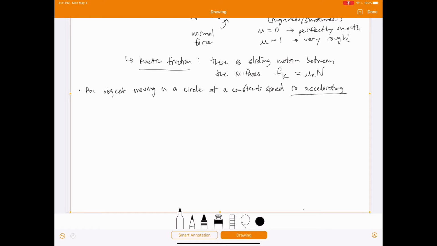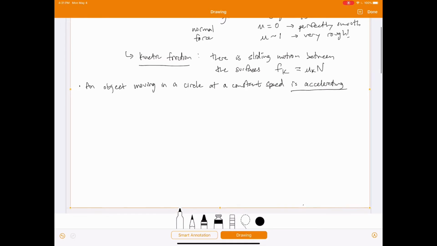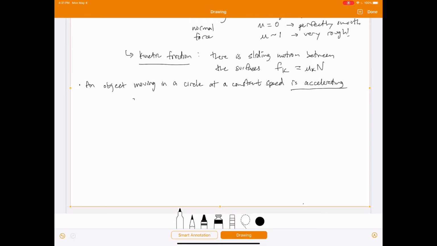Okay, that's a really important point to make. And if you recall what acceleration is about, it's about changes in velocity. And in particular, we can calculate acceleration as delta v over delta t.